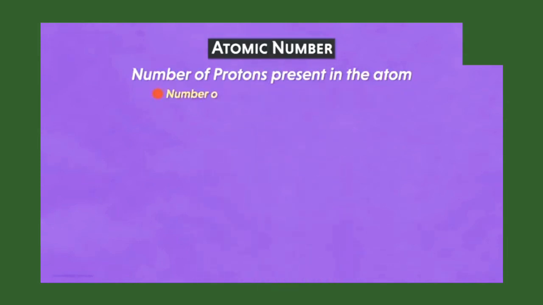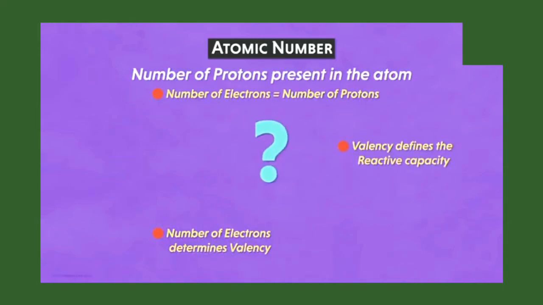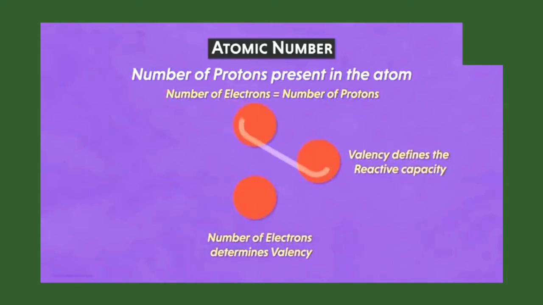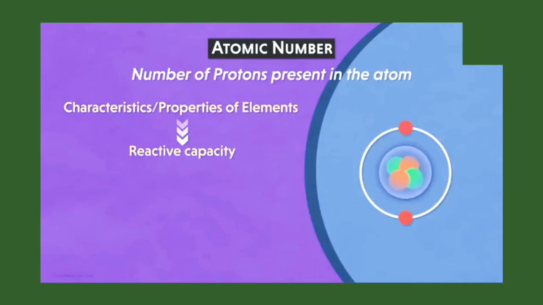We know that the number of electrons is equal to the number of protons in an atom. We also know that the number of electrons will determine the valency and thus the reactive capacity of an atom. So now can we connect the dots? Yes, the characteristics of elements will include a few properties. And these properties will be based on the reactivity of the atoms, right?